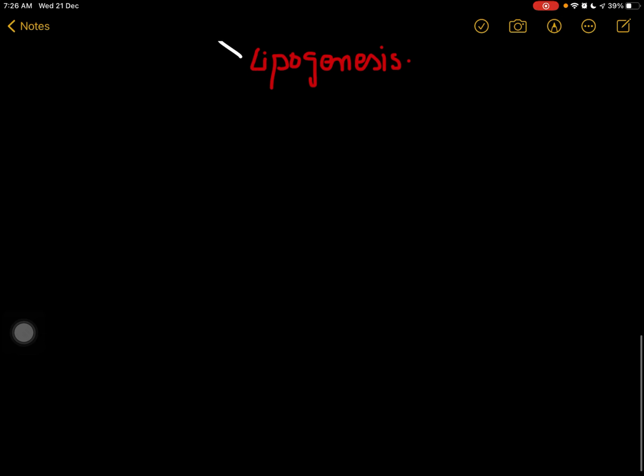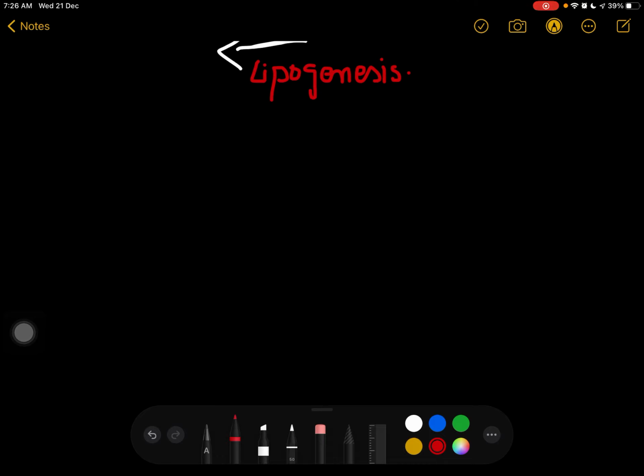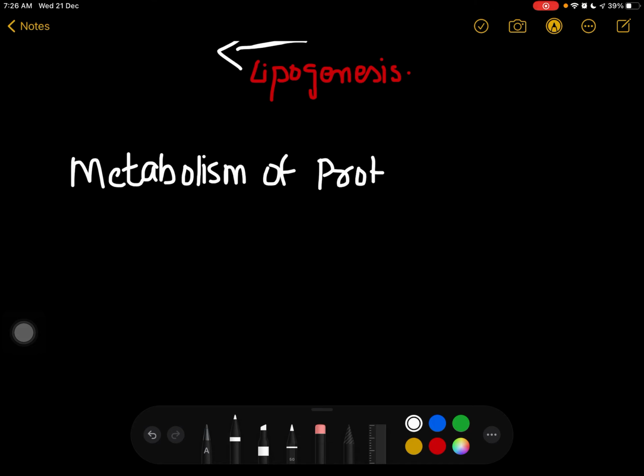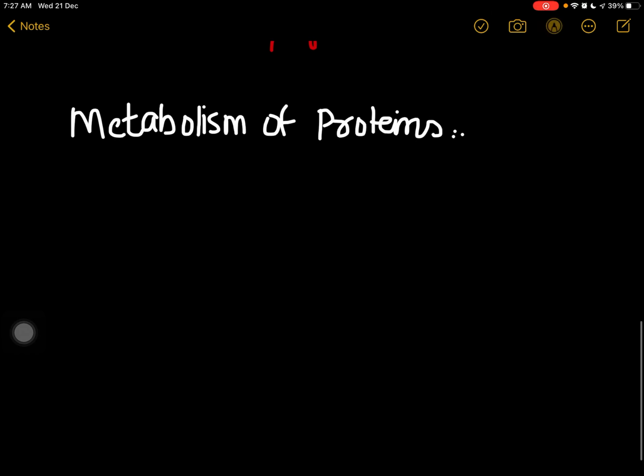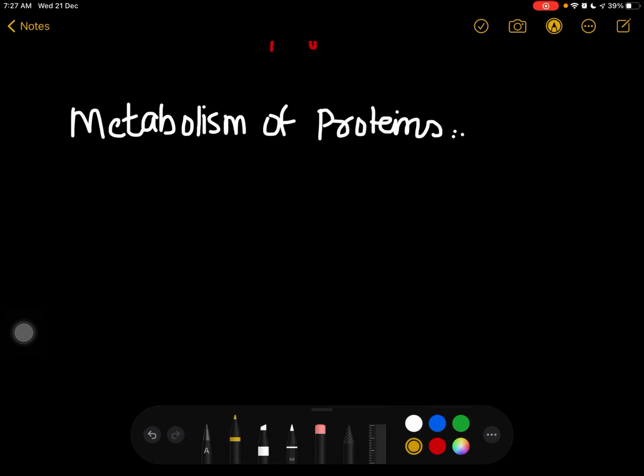Then we have metabolism of proteins. The first step is transamination.